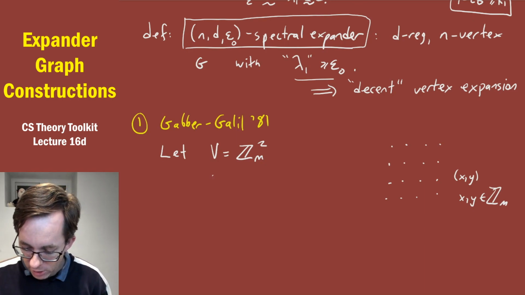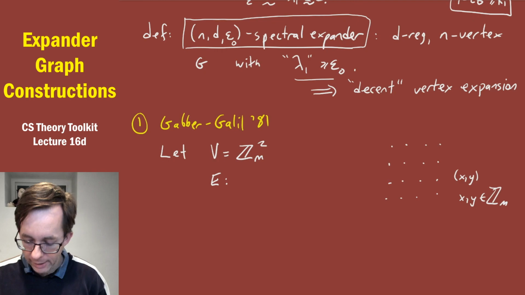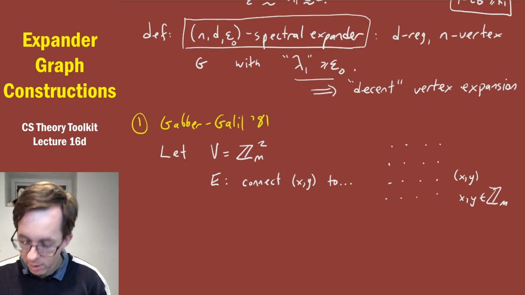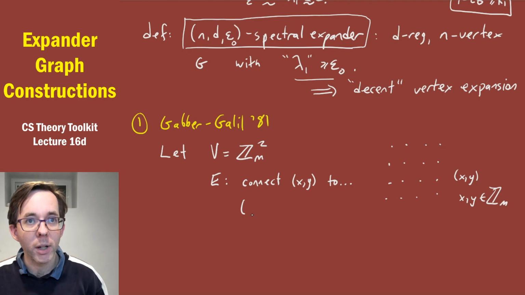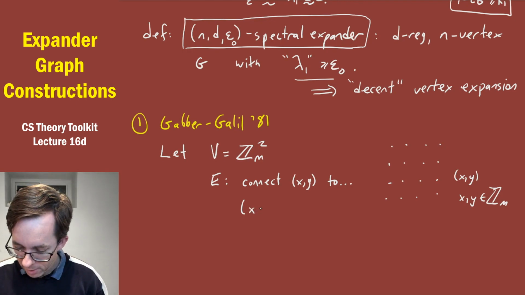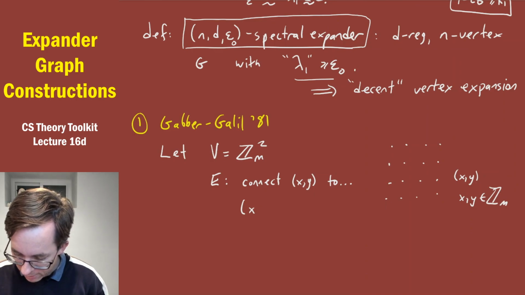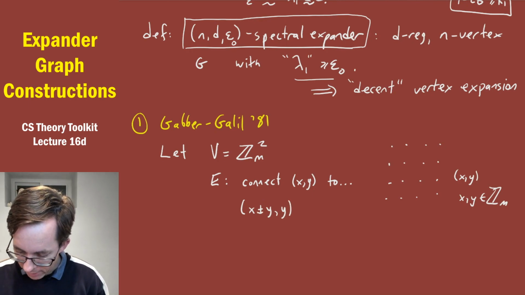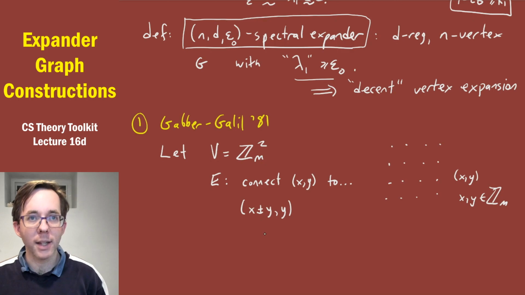And what's the edge set? Well, you connect a given vertex (x, y) to the following 8 vertices. I have to copy them off my screen here. (x + y, y) is the first neighbor of (x, y). (x - y, y) is the second neighbor.